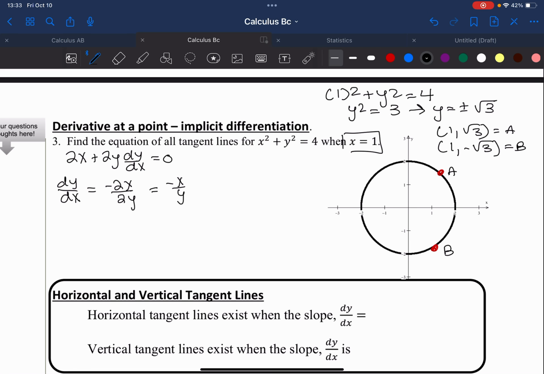Then from here, I need to plug those points into the slope. Since I have 2 of them, I'm plugging them in twice.